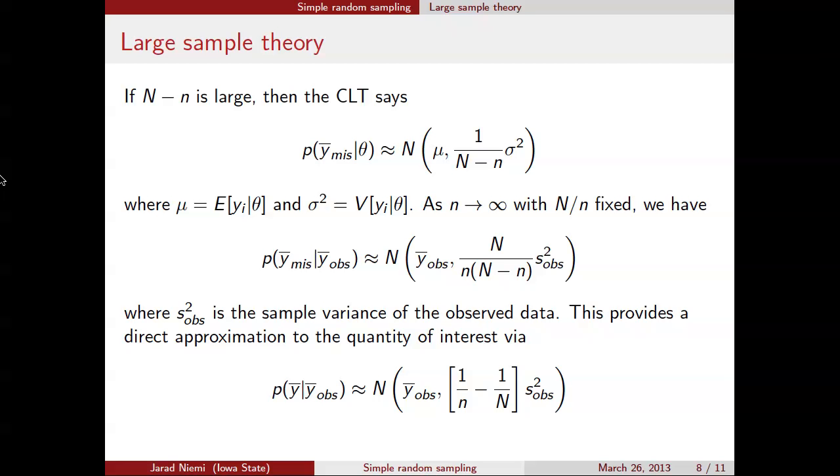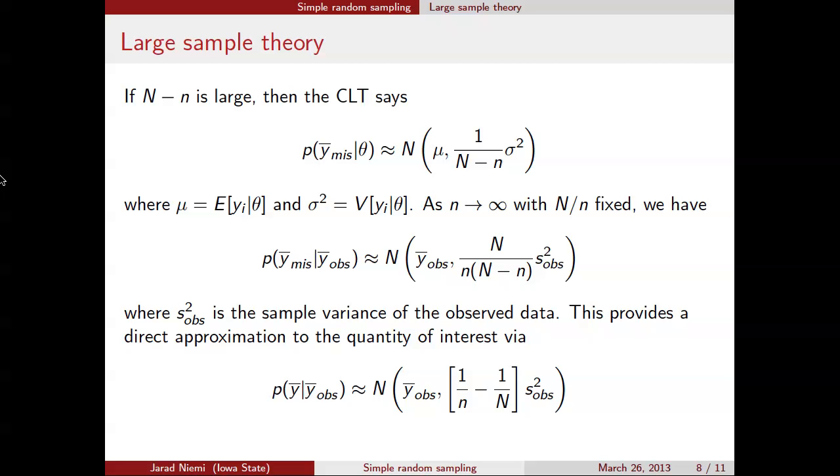All right, so now the idea is that if you remember this formula, you have y miss as being a normal distribution, according to the central limit theorem. And you're trying to find the distribution for y bar. Well, this right here is just a constant, and this right here is a normal distribution. And so a constant plus a normal is just going to be another normal.